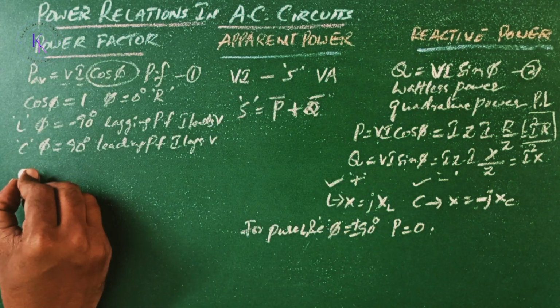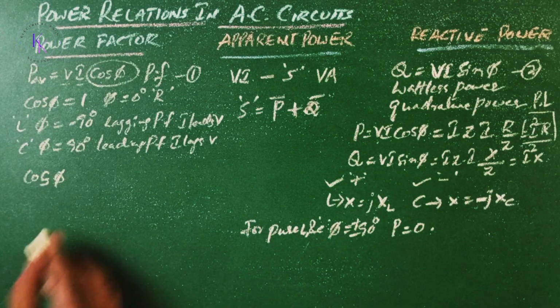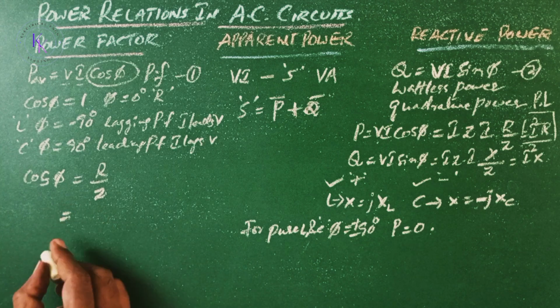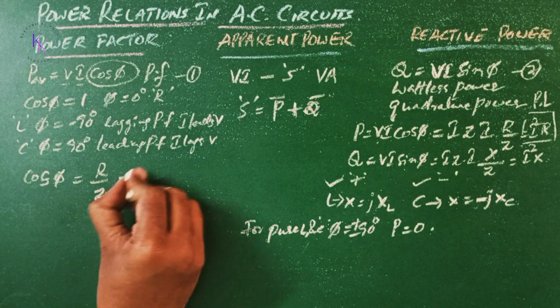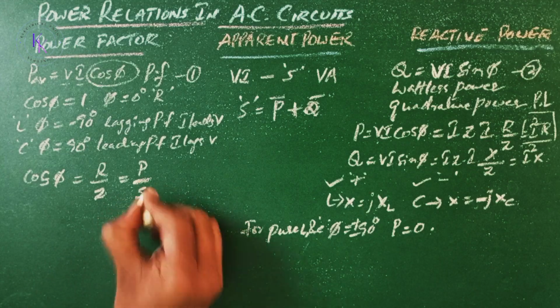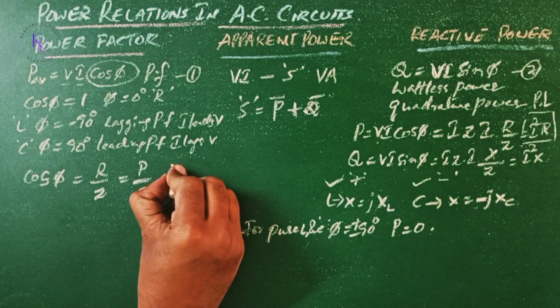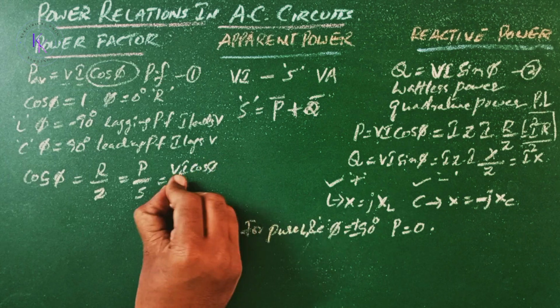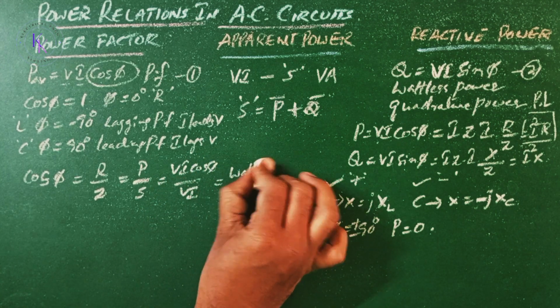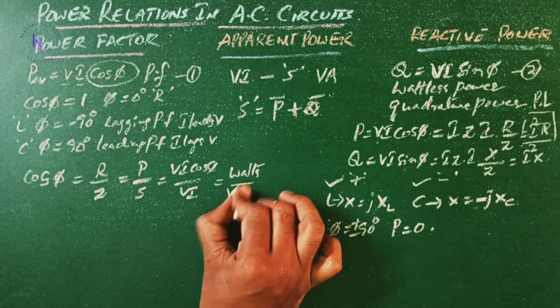Now we know that the power factor is cos phi, which is given by R by Z, or cos phi equals the real power divided by the apparent power, which equals VI cos phi by VI, that is watts, real power, divided by volt-amps.